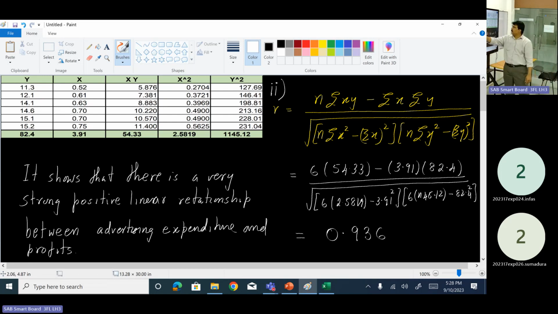The formula is there. We have calculated the values. So plug in the values. n is 6, how many pairs, 6 pairs, then 6.